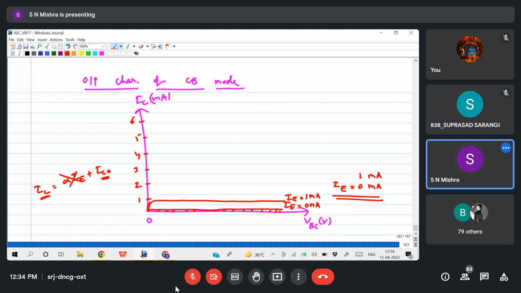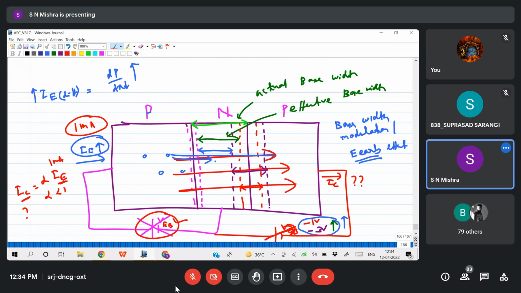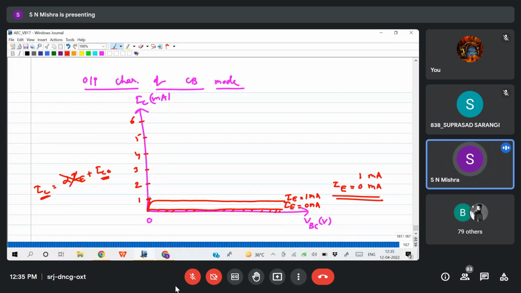Now if I take another condition where I fix IE to 2 milliampere, I'll fix some voltage here so that 2 milliampere current will flow across the emitter, and I'll increase this VCB from 0 to higher voltage. Then I'll get a maximum of 2 milliampere like this. So current will initially increase, then level off like this. So IE equals 2 milliampere.